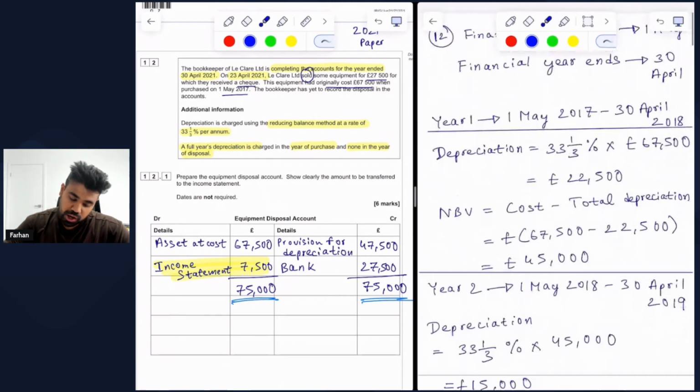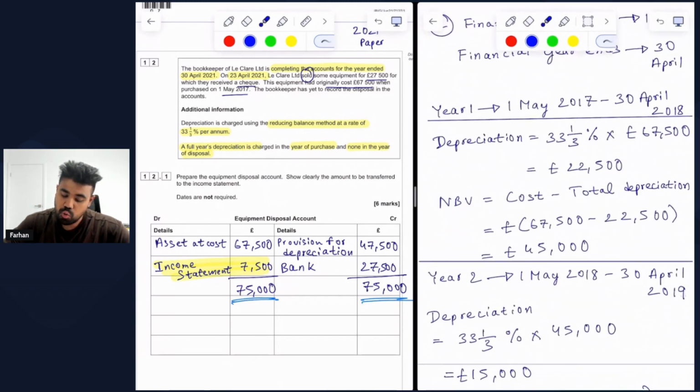Now, if we move to year two, year two would start on 1 May 2018 and end on 30 April 2019. And this is where the difference is with the straight line method if you're using a reducing balance method.